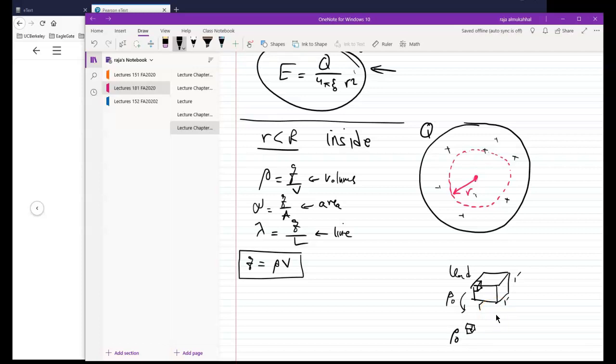Make sense? Now, rho here is the density. I'm not talking about charge density. I'm talking about just a regular mass density, material density. And we know that material density, rho, is mass over volume, right? So if the mass of this big cube is big M, and its volume is big V, and then the mass of this small cube is small m, and the volume is small v, rho naught will also be equal to big M over big V, and it's also equal to small m over small v.